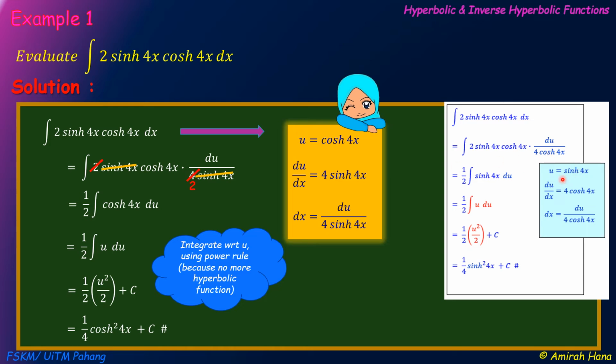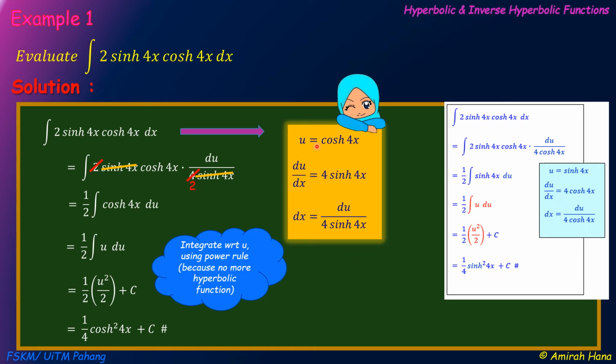And if we choose u equals sin 4x, we can simplify cos 4x here. But the final answer looks different, but actually they are equivalent in terms of trigonometric identity.